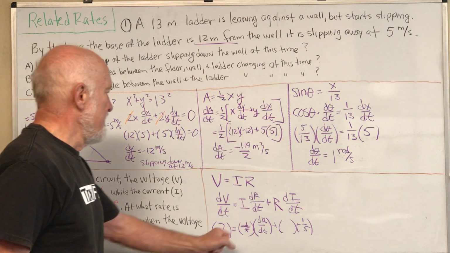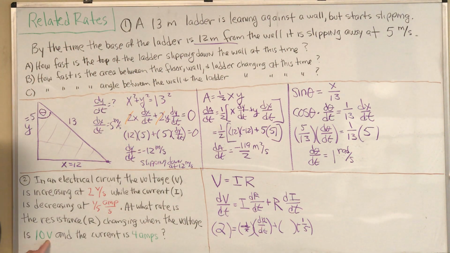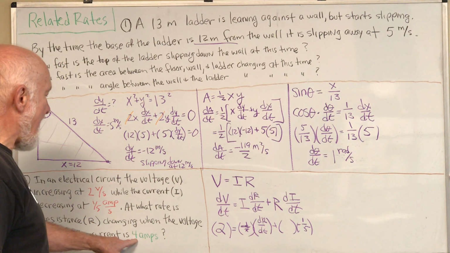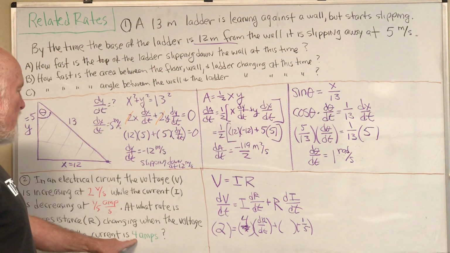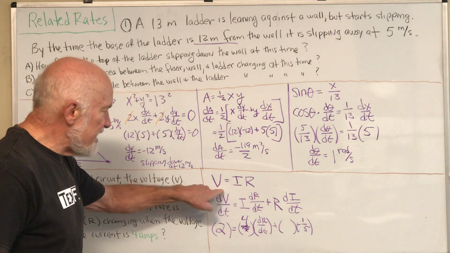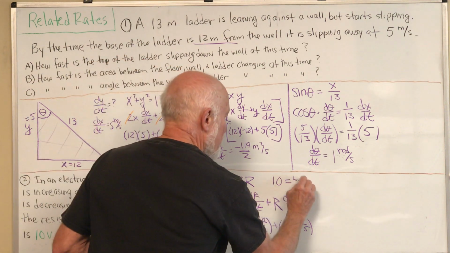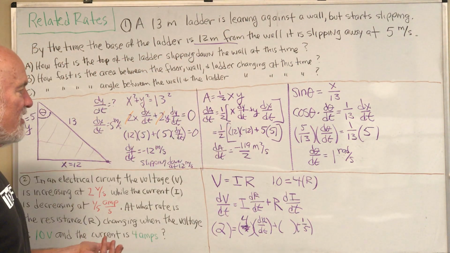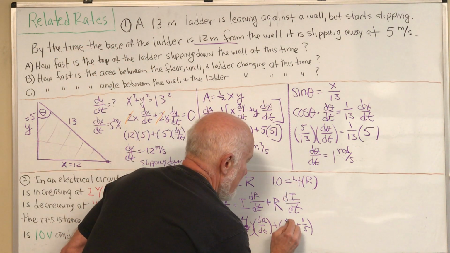So now we need R and I. Well, it says right here that the voltage is 10, but there's no V there, and the current I is 4. So we know this is 4, but we don't know what R is. But we do have this relationship. So if the voltage is 10 and the current is 4, we can find out at this point in time in the circuit the resistance is equal to 10/4, or 5 halves.